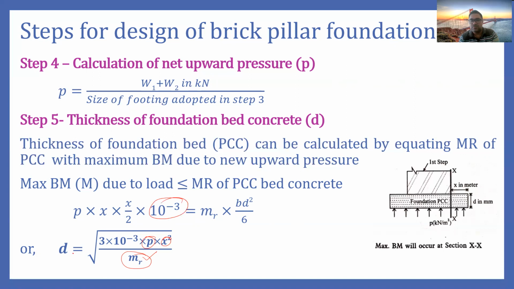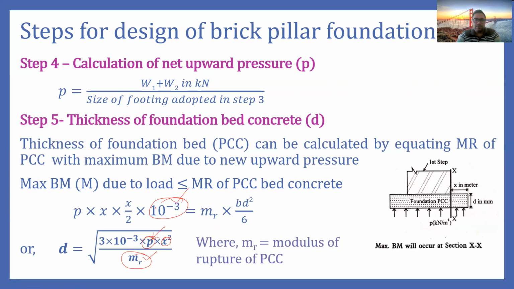So whenever we put the values in the formula, we will put P as kilonewton per meter square, x in mm, MR in Newton per mm square, because in this formula we have already considered the unit conversion.